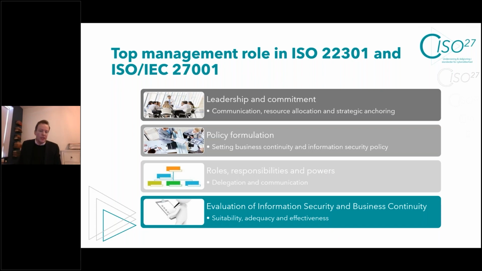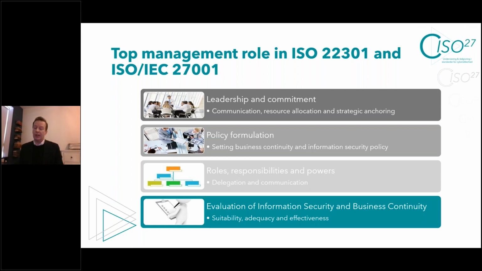If we look into the 27001 standard for information security, and the business continuity standard, 22301, and if we're already working with them, we already have top management on board. Why do we say so? Well, they're already adhering to the requirements tied to allocating resources, making sure that the business strategy is tied to business continuity and to information security.